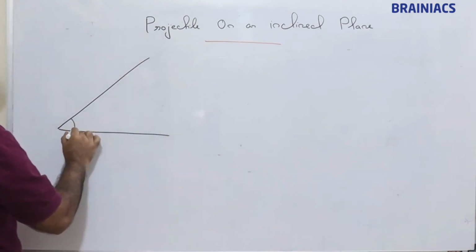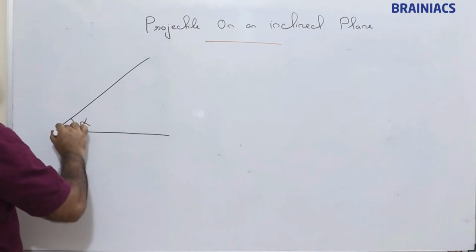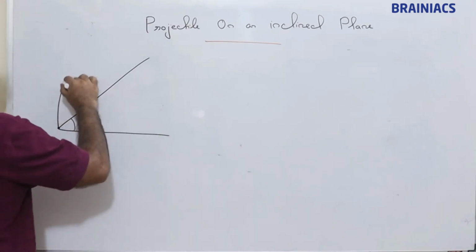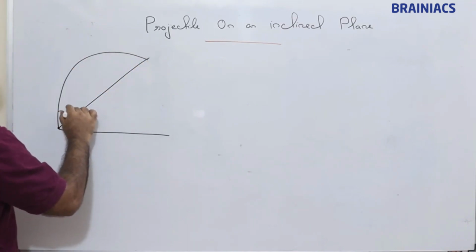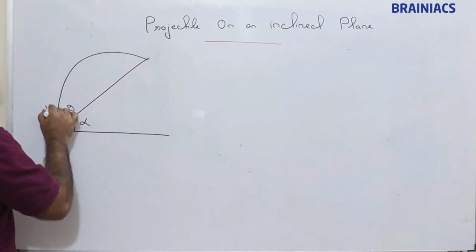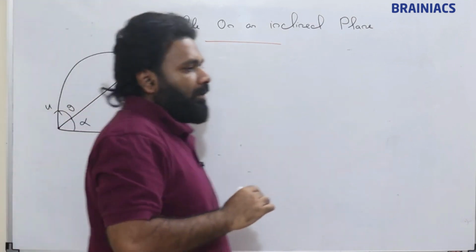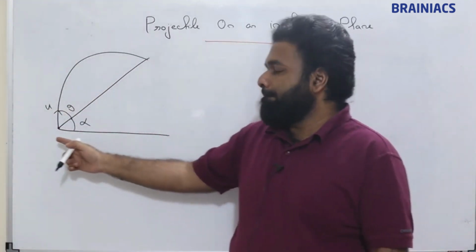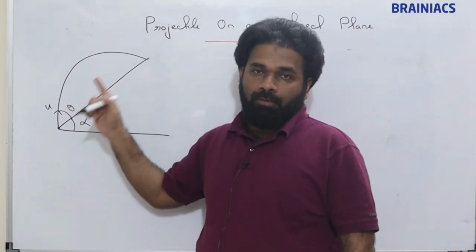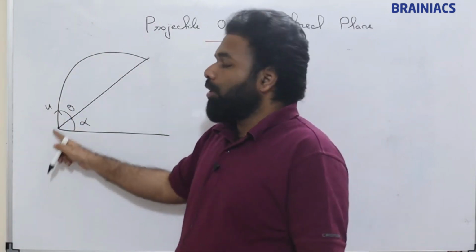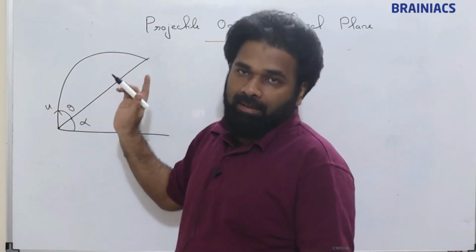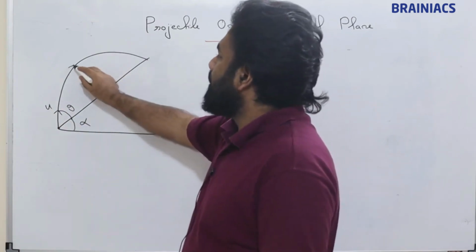Let us take this angle as alpha. If we project like this, this angle is theta, we projected with the velocity u. So this is from bottom to top, or from lower point to higher point of the inclined plane.